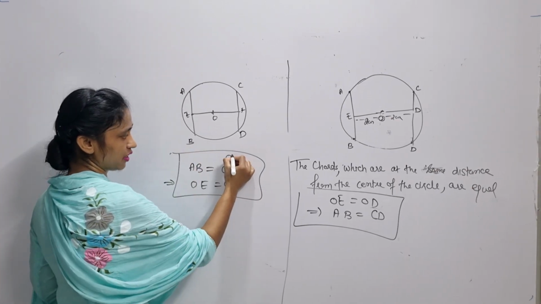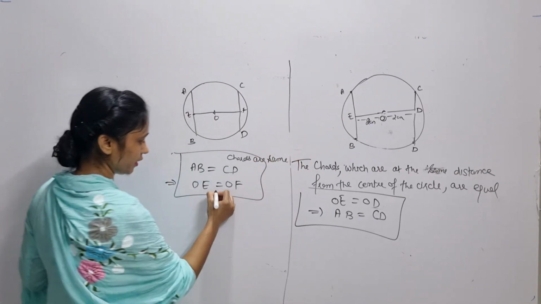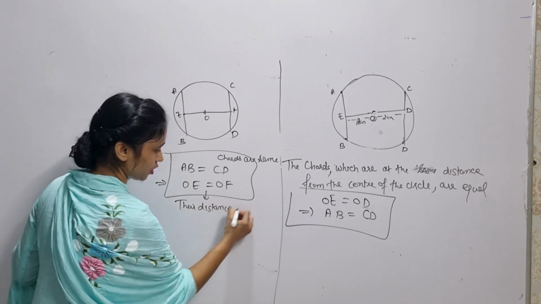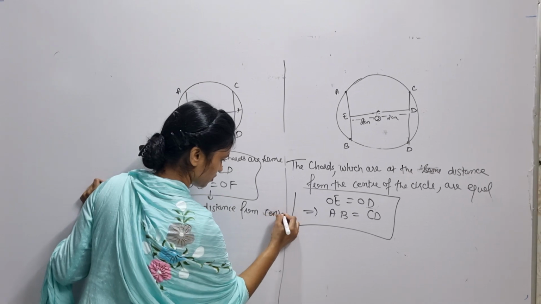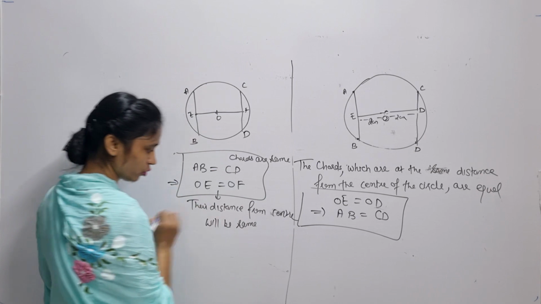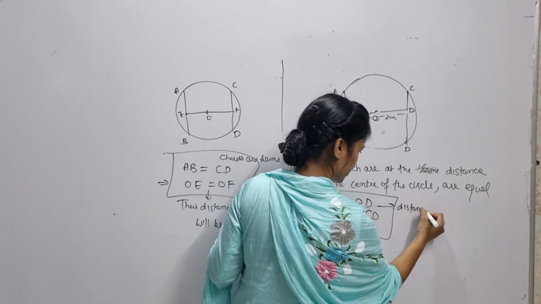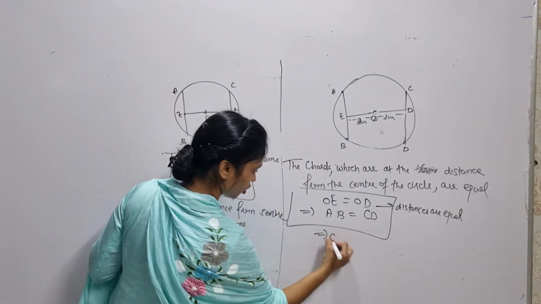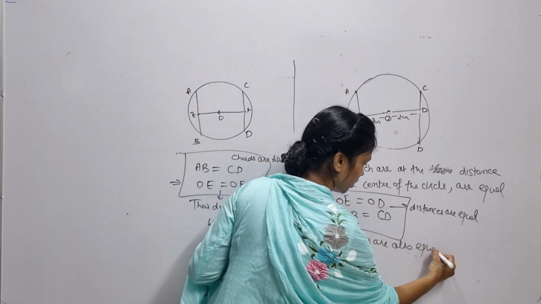If distance from the center is the same, this implies that the chords are the same. If chords are equal, then their distance from the center will be the same. If the distances are equal, then this implies that the chords are also equal.